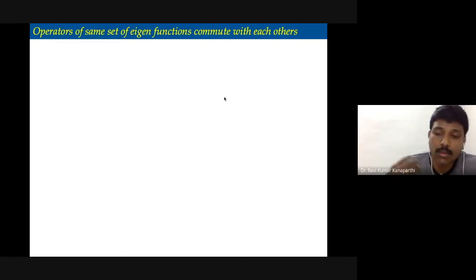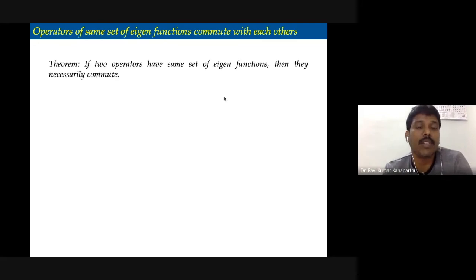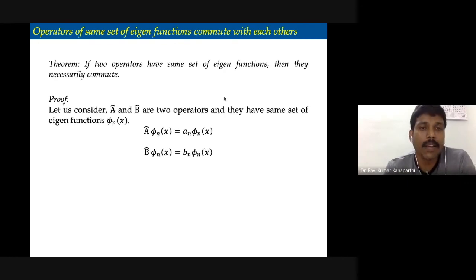If you have two operators and they have the same set of eigenfunctions, then they necessarily commute with each other. That is the theorem, and we will try to prove it. The theorem is that if two operators have the same set of eigenfunctions, then they necessarily commute. That is the theorem, and the proof is here.